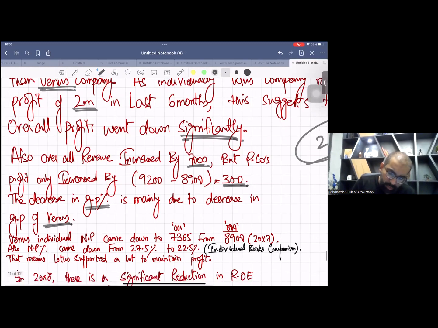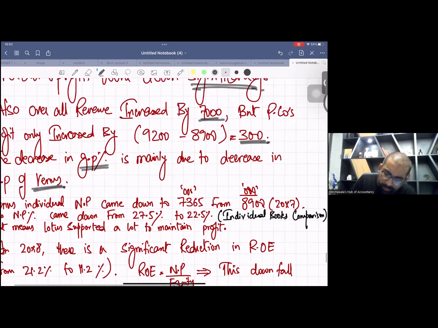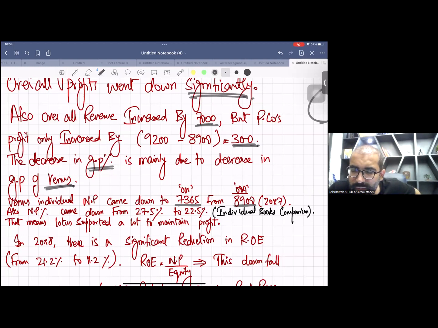Venus individual net profit. This is a very heavy point. Venus individual net profit came down to 7365. Remember this number, from 8900. Last year, the individual net profit of Venus was 8900. You have the question, you can check. And this year, through reverse working, the profit is 7635.